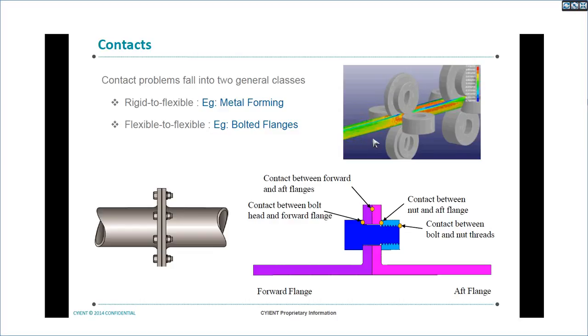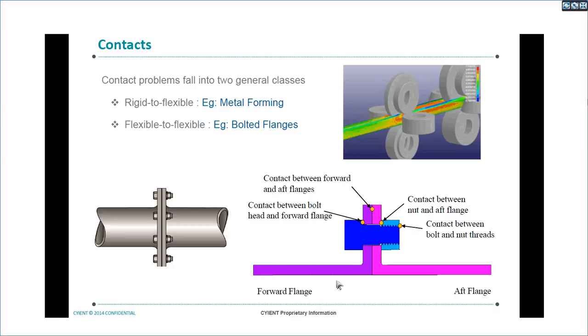This is one of the classic examples of rigid to flexible. Flexible to flexible is, for example, bolted flanges, where all are flexible. A general contact is defined by a pair of surfaces. Here one will be rigid and the other flexible, whereas here all are flexible.